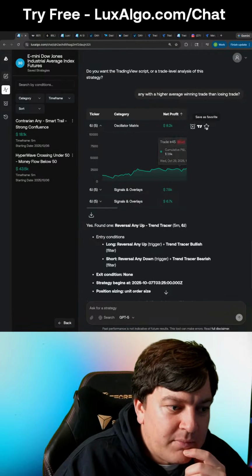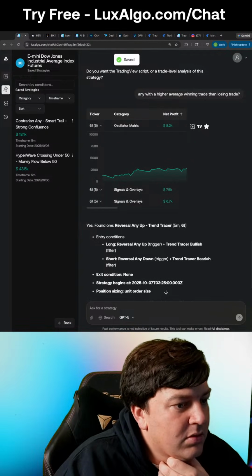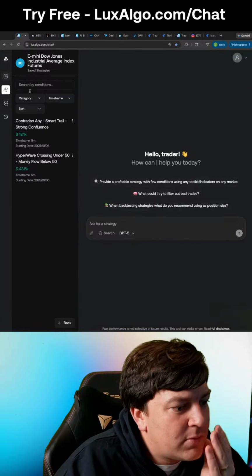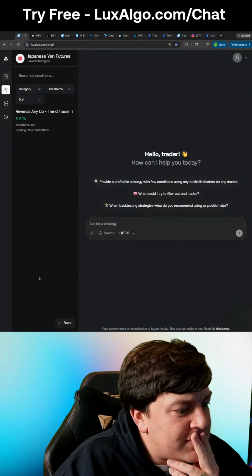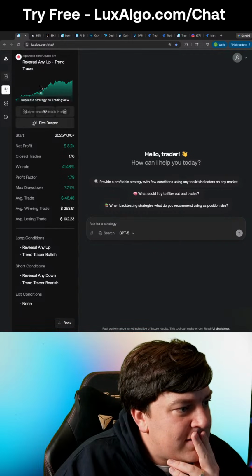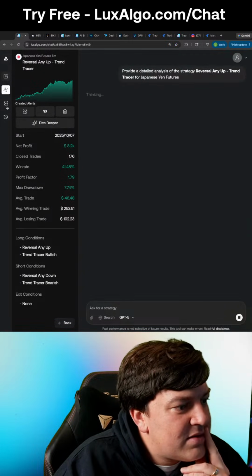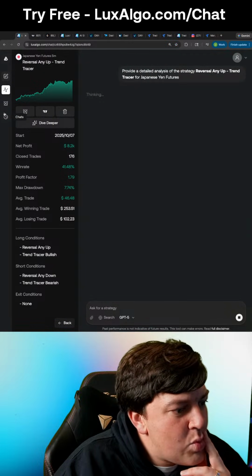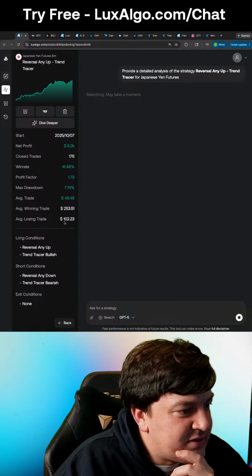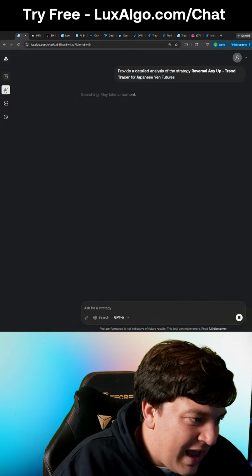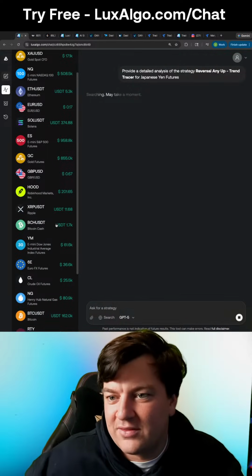Let me pull this one up. The 8K one, yeah. Okay. This one has a lot better average winning versus losing. Still okay profit factor, but not the best.